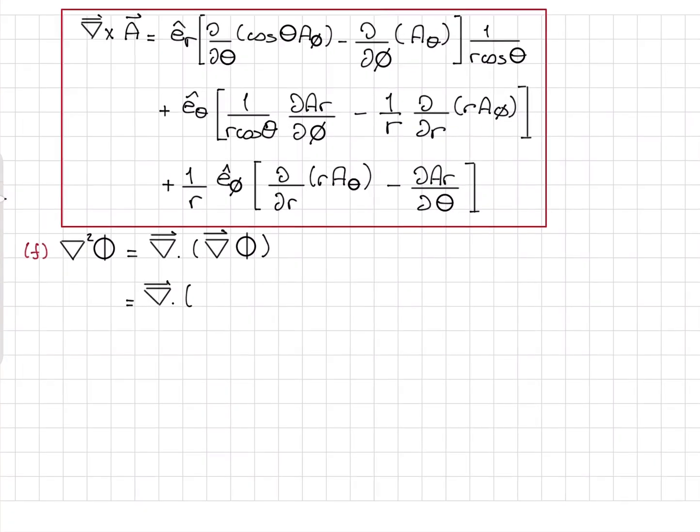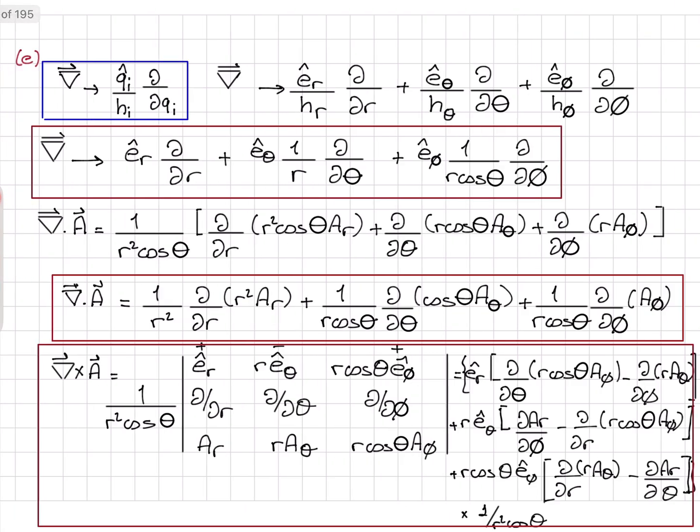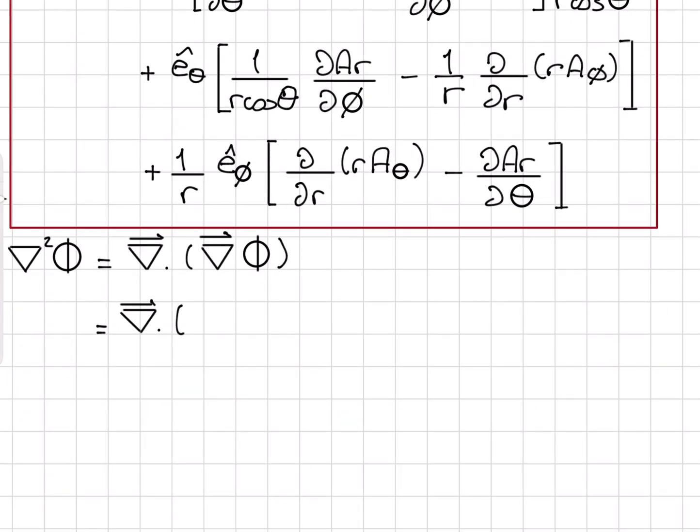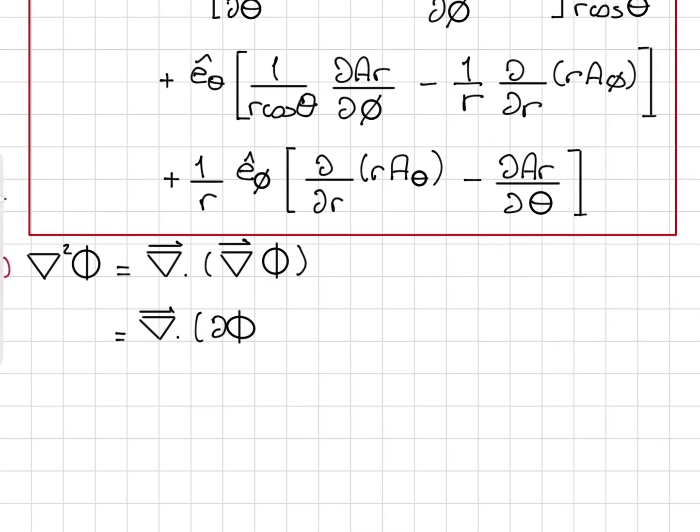Now, how do I calculate the gradient from part E? It is e_r hat del r. Therefore, I'm going to have del phi, I take a derivative with respect to the r coordinate in e_r hat.